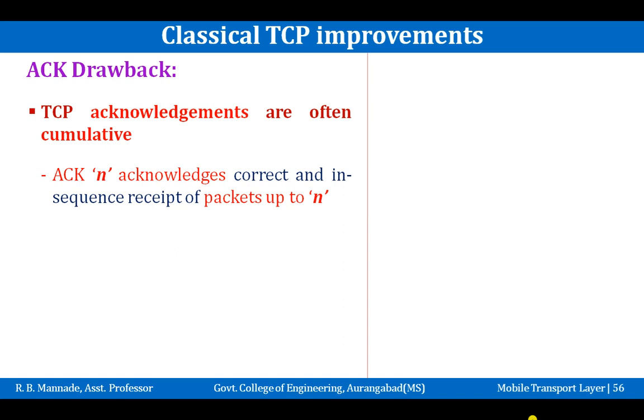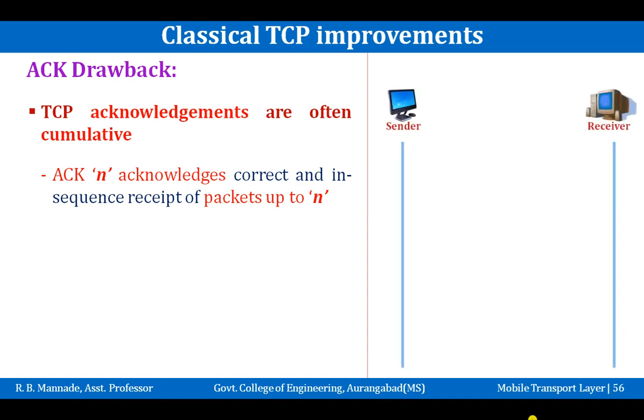For example, suppose there is an nth acknowledgement, where n means any number. This nth acknowledgement acknowledges all the packets in correct sequence from the starting point up to that nth packet. It is called the cumulative acknowledgement. With an example you will see here: the sender and receiver are there.